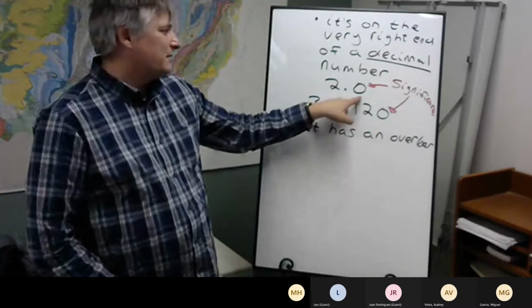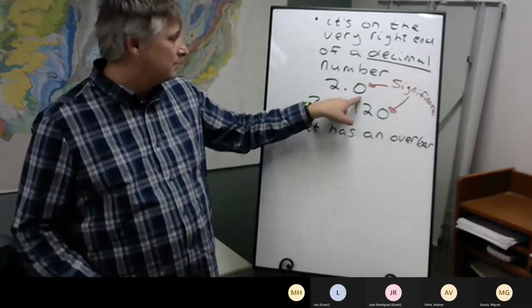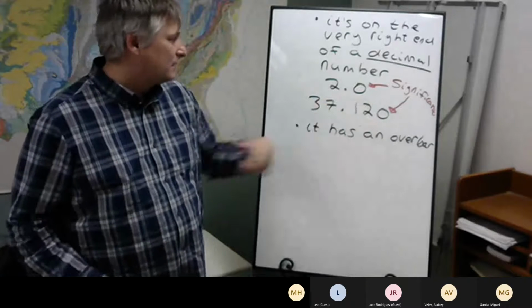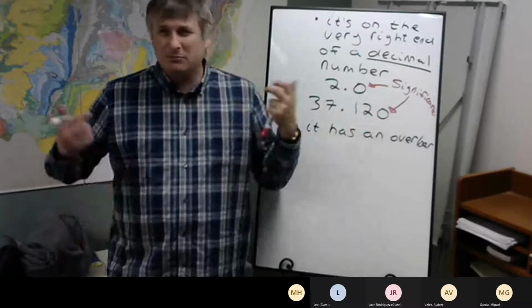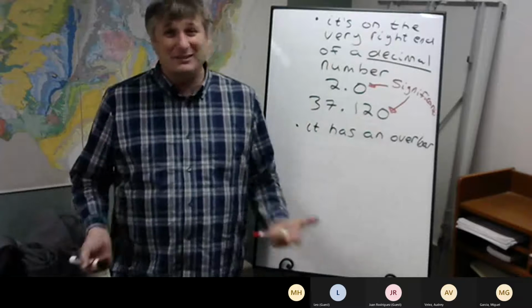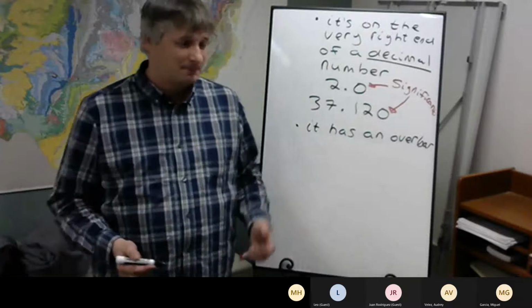If it's the right end of a number with a decimal point, like this or this, it's already significant. So what if it's on the right end of a number that doesn't have a decimal point?